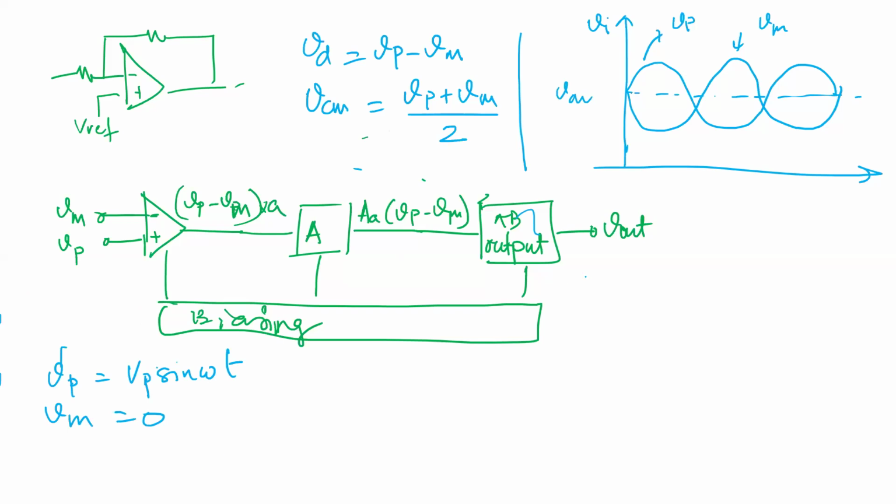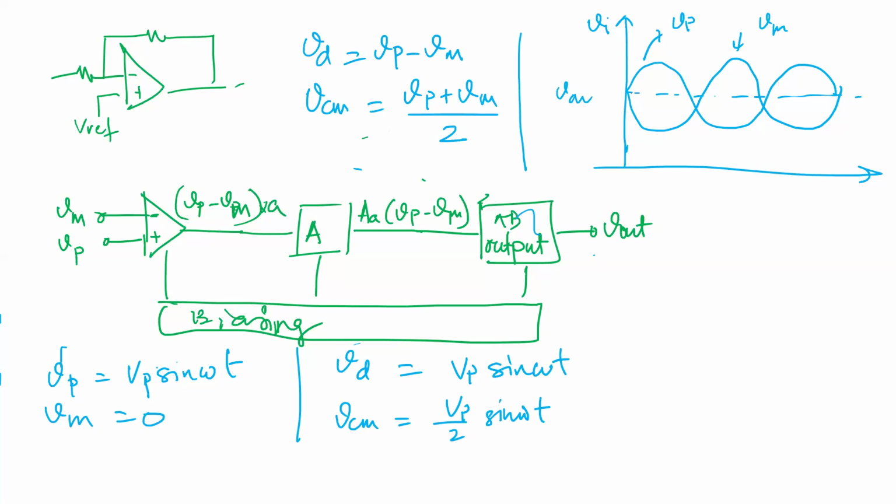Okay, what's the differential voltage, Vd? Vp sine omega t. So it's the same as the signal, right? What's VCM? It will be Vp by 2 sine omega t, right? So that means you get a common mode signal too.